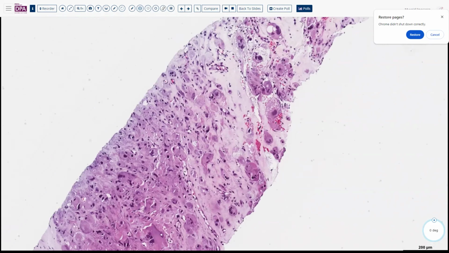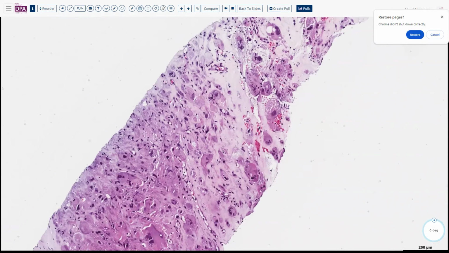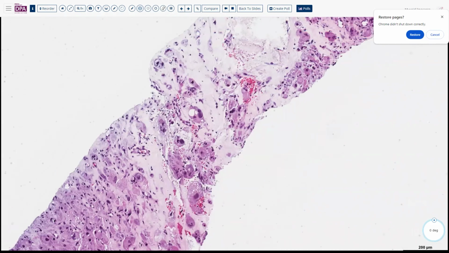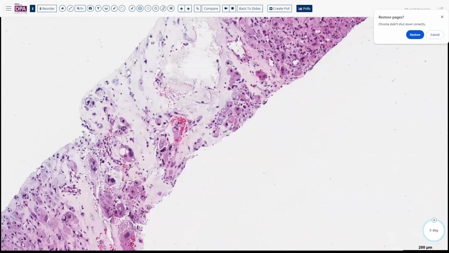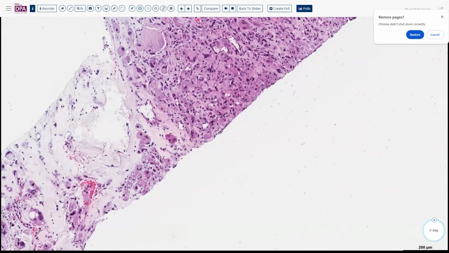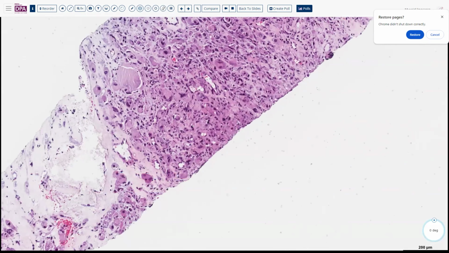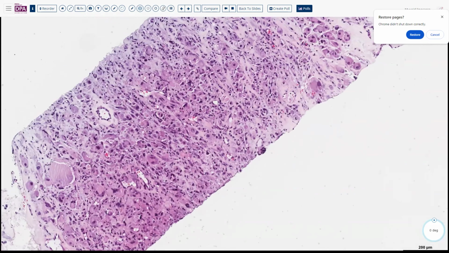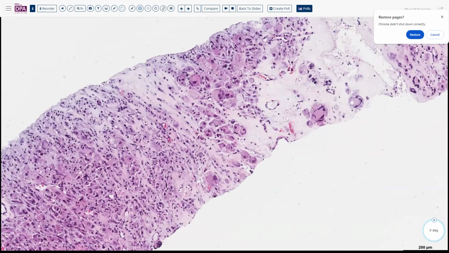So it certainly is conceivable now in looking at it that I might say, oh, there are some lipidized cells here. Maybe we should think about liposarcoma. And in fact, that's where we end up. But there's just the very smallest suggestion that this tumor is an adipocytic derived lesion.